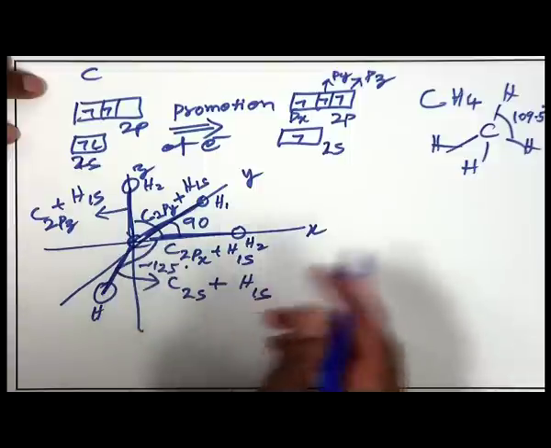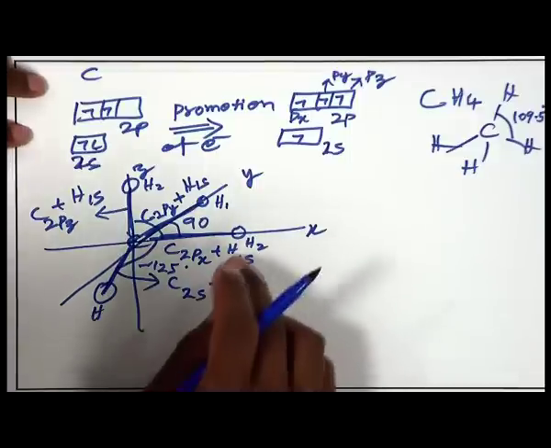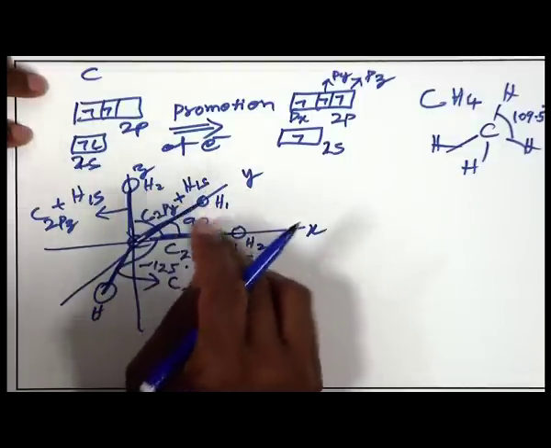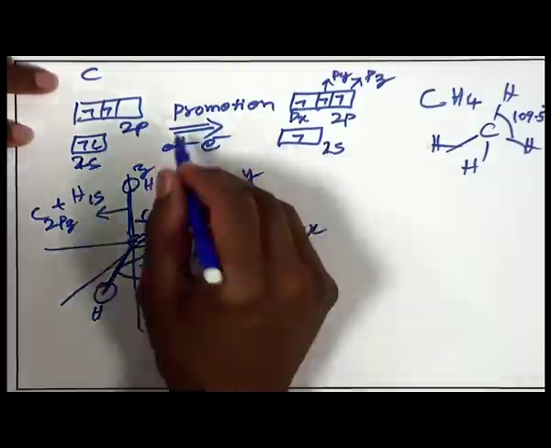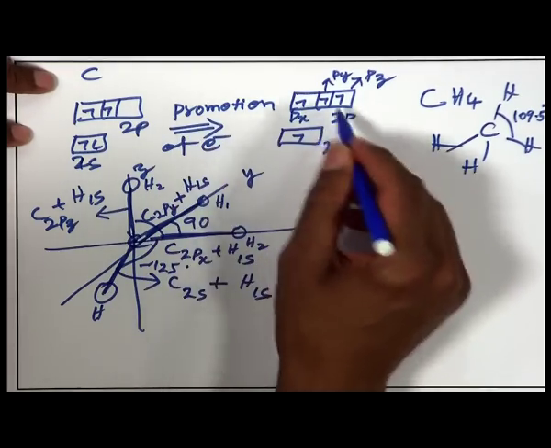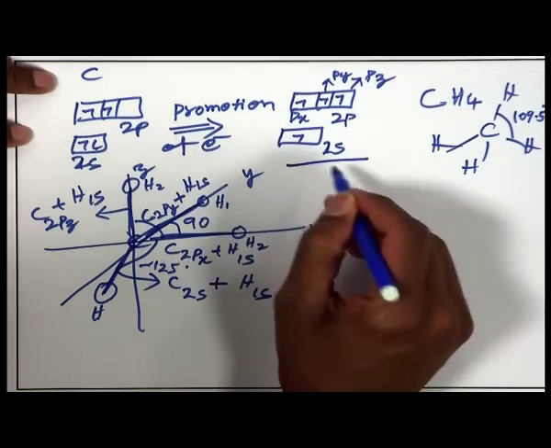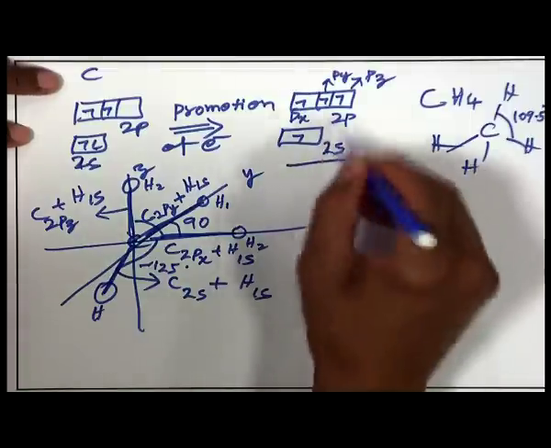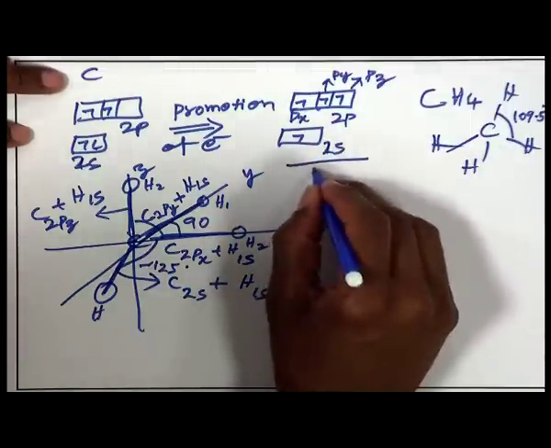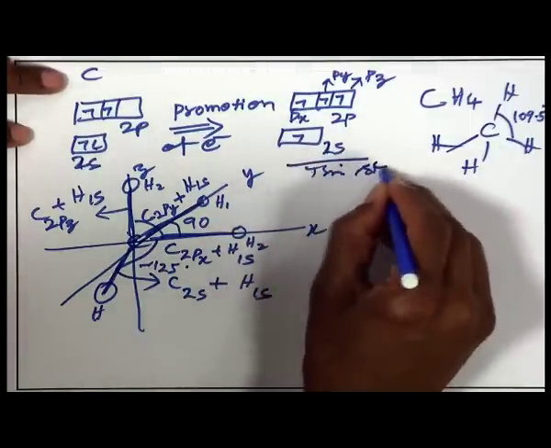Hybridization means mixing of atomic orbitals. The p orbitals mix with the s orbital. Once this is formed, this state is not ready for bond formation.